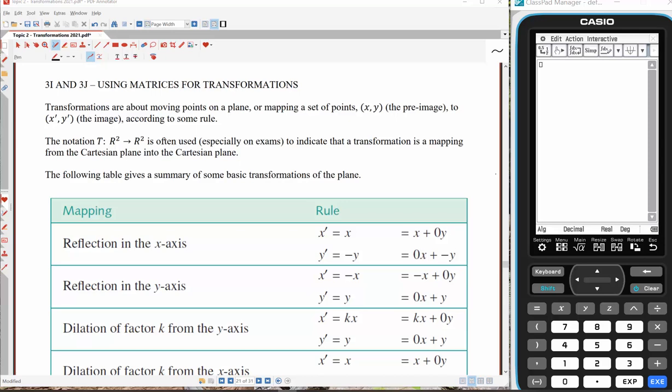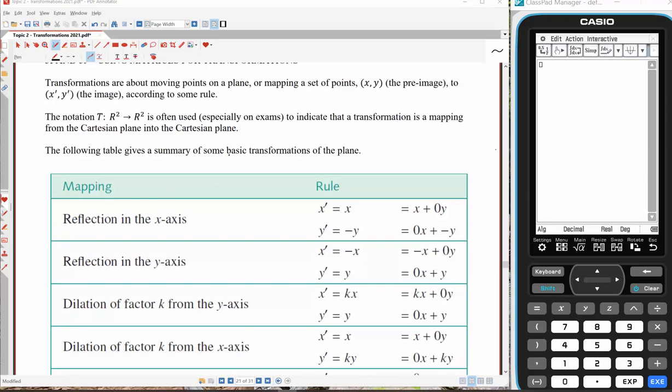I'm actually not sure what that means and why they use different notation, but it's to indicate that a transformation is a mapping from the Cartesian plane into the Cartesian plane. So you don't really need to worry about this notation at all. I'll show you some questions where they use the notation and show you how to work your way around it. So the following table gives a summary of some basic transformations.